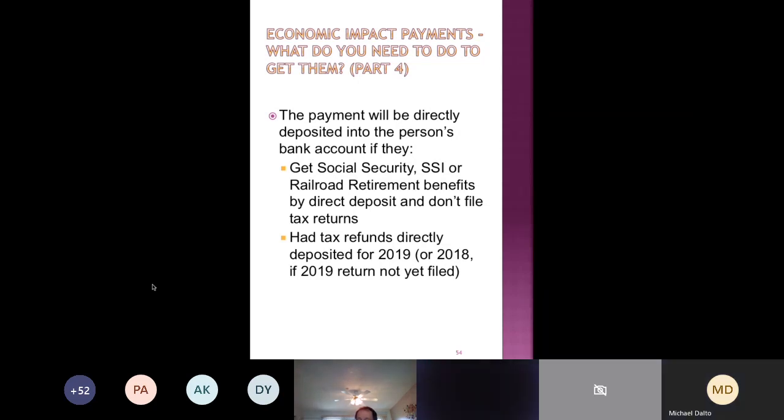Their economic impact payments will be directly deposited into the same bank accounts where their government benefits go. People who had income tax refunds directly deposited into their bank accounts for 2019 or for 2018 will also have their economic impact payments go directly into the same accounts.